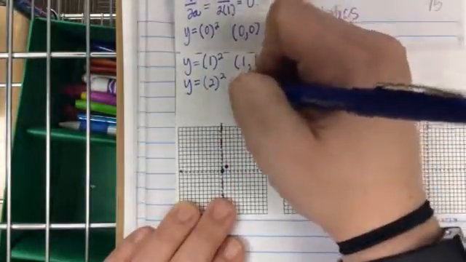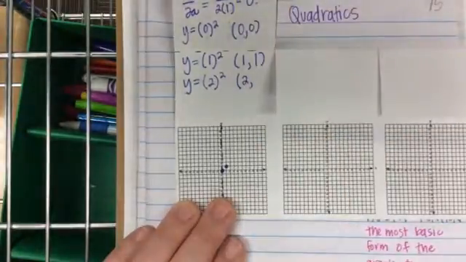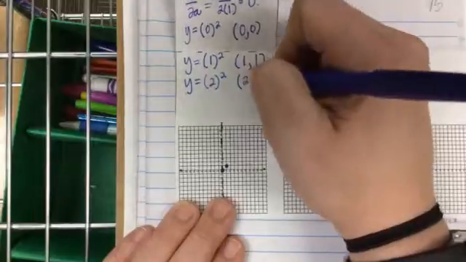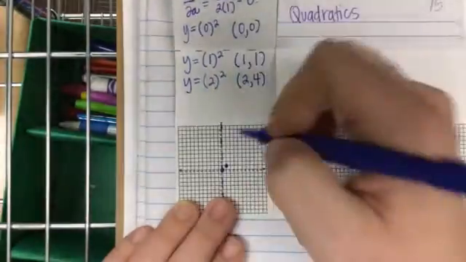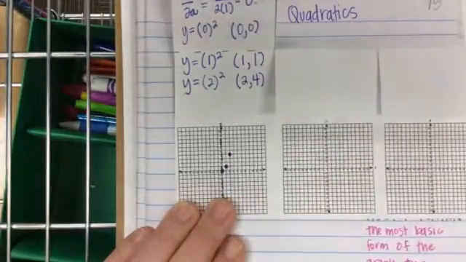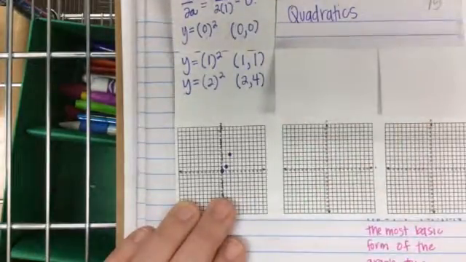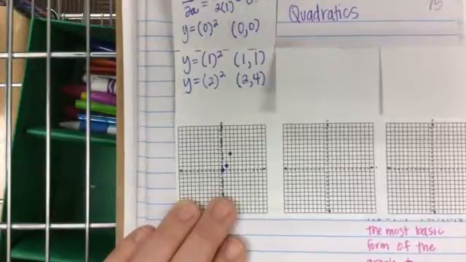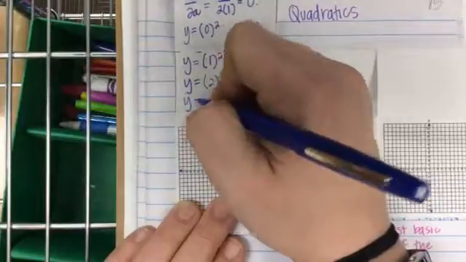So my ordered pair is 2 comma what? 4. So I go over 2 and I go up 4. I'm going to do one more just because I want this to be the most beautiful graph you've ever seen in your entire life. So I'm going to choose to substitute 3.